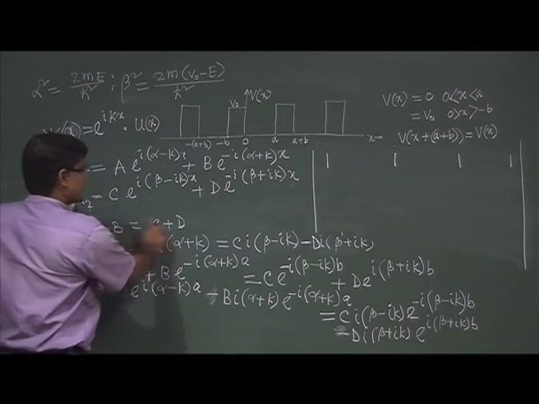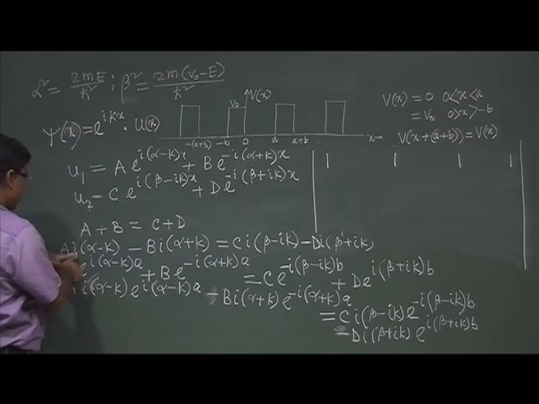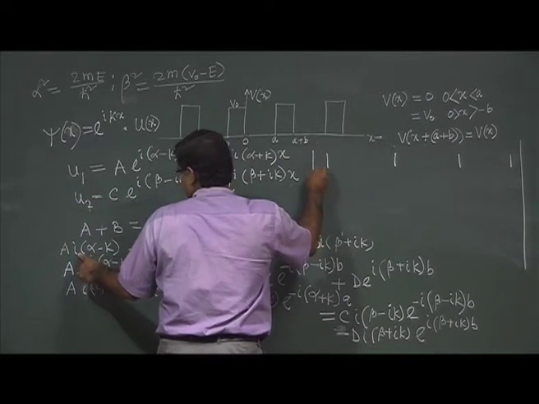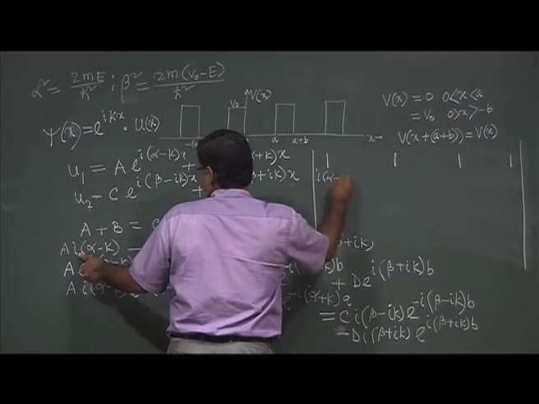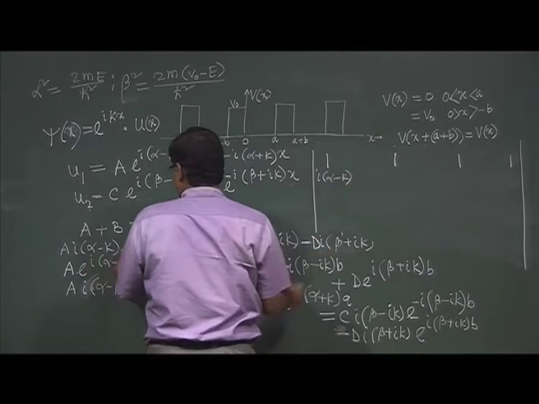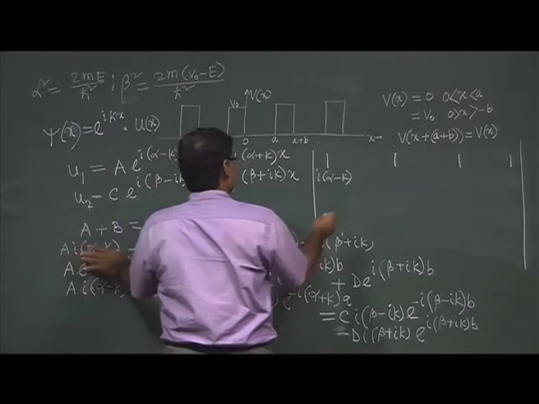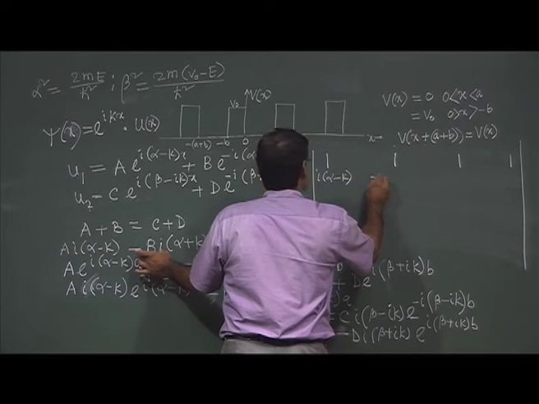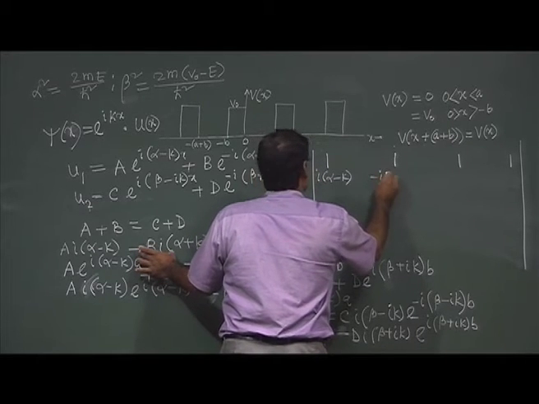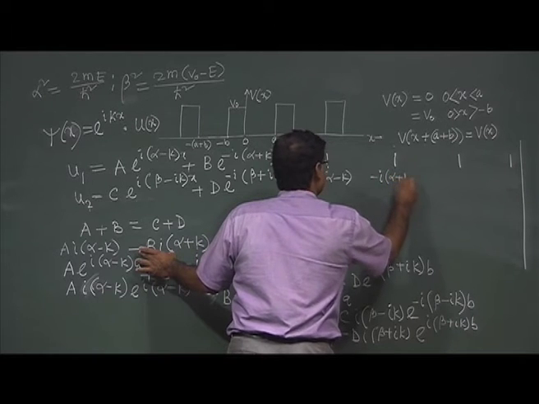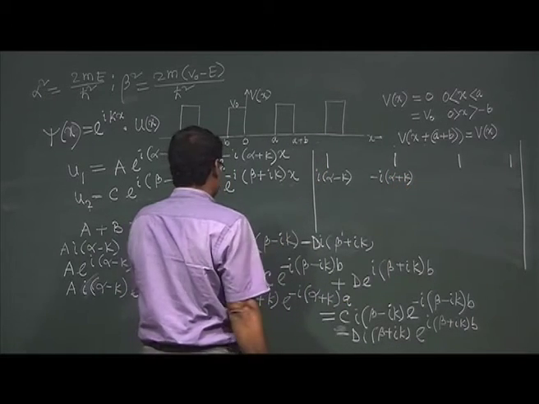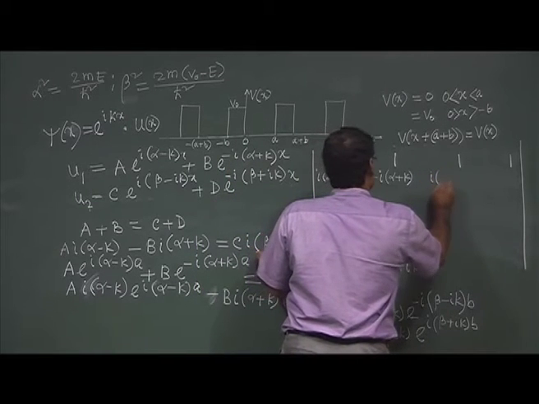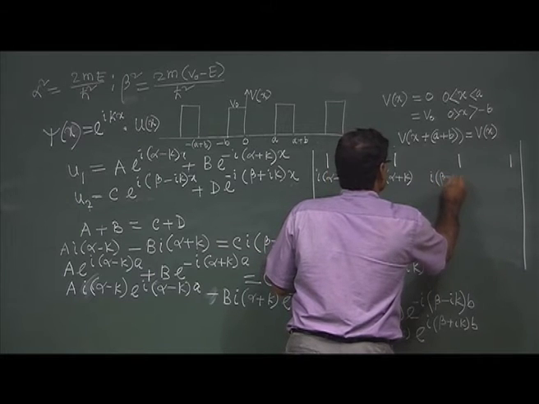So, from this, the coefficient is i alpha minus k. Here the coefficient of B is minus i alpha plus k, right. Coefficient of C, I can write i beta minus i k.